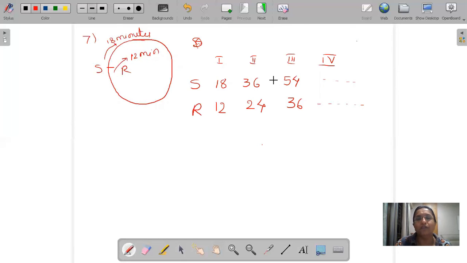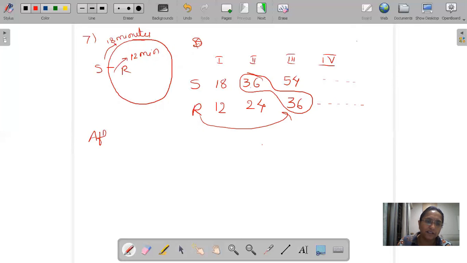What we want, when will they meet again? Here only they will be meeting. Means after 36 minutes, they will be meeting at the same point. At 36 minutes, Sonia will complete 2 rounds and Ravi will complete 3 rounds. That is the difference.